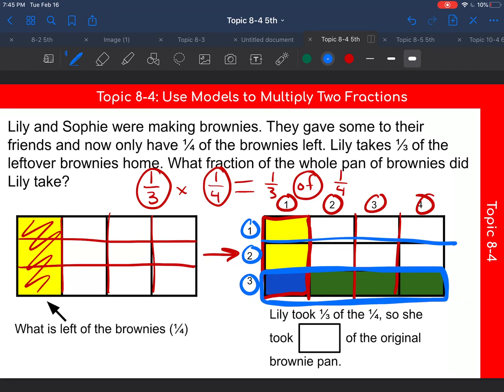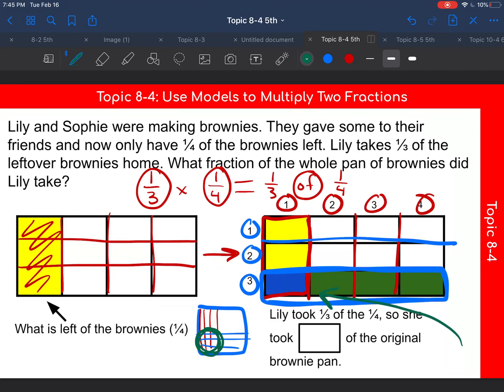Now, if you remember when we were doing those area models, okay, with decimals, and what we did is we represented a certain decimal this way, and then we represented a certain decimal this way, and we got our answer by whatever had both portions of the shaded area. This is basically the same exact thing.